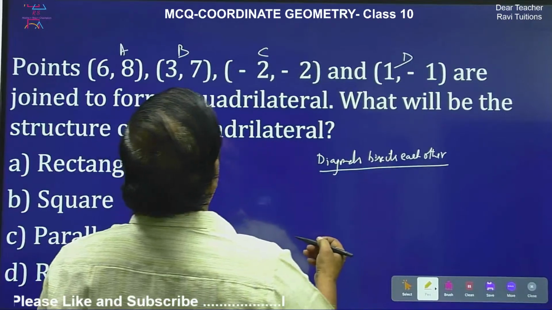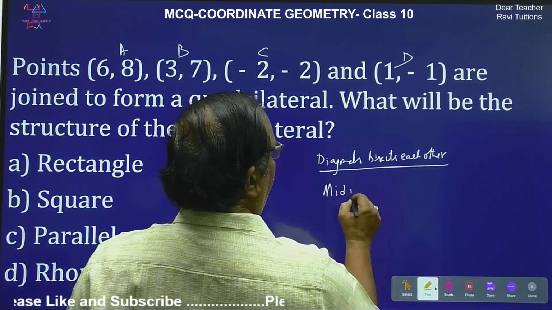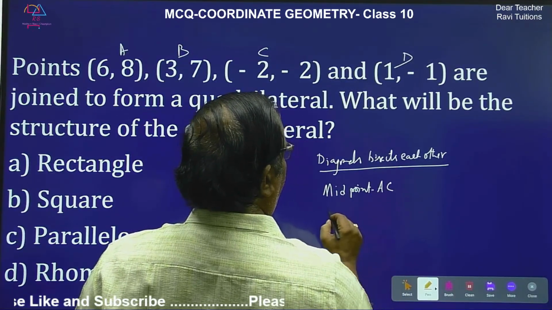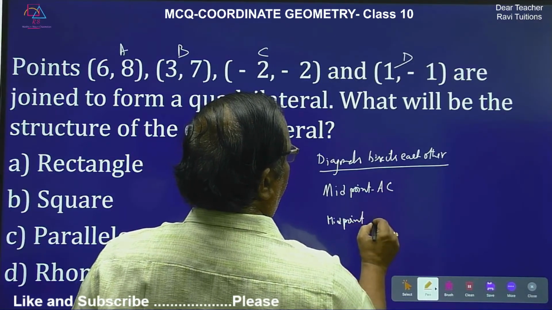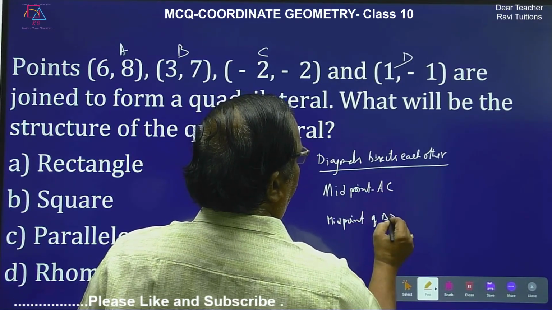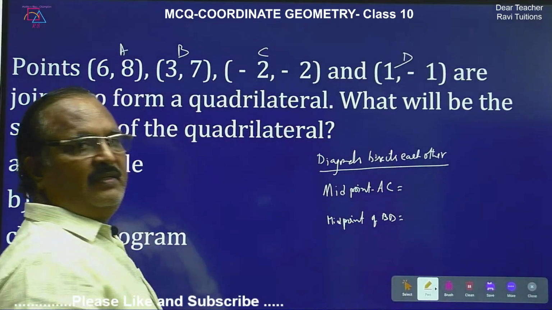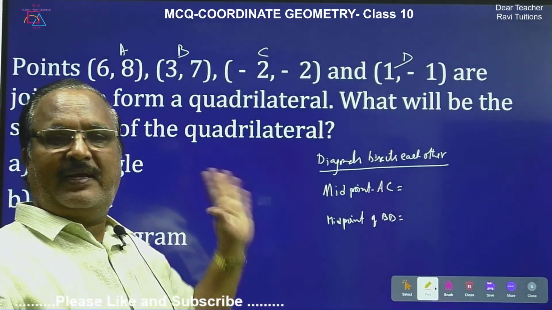You find out the midpoint of a diagonal, the midpoint of AC and the midpoint of BD. If the midpoints of the diagonals are equal, then it is a parallelogram.